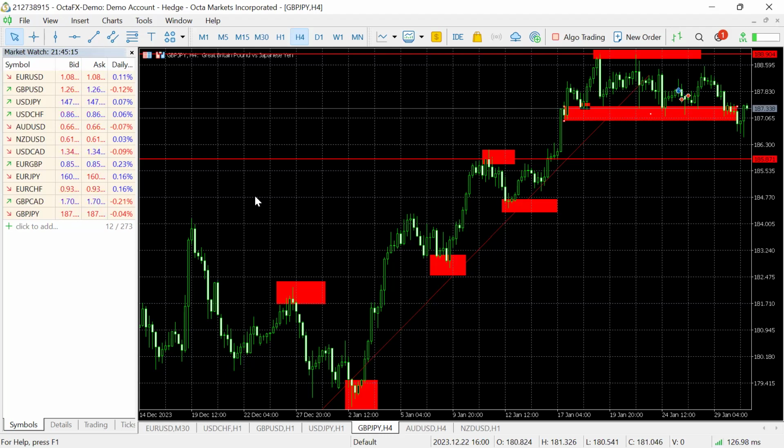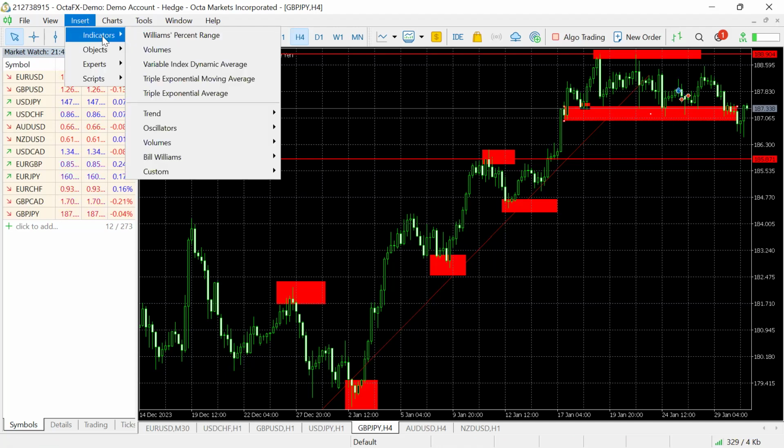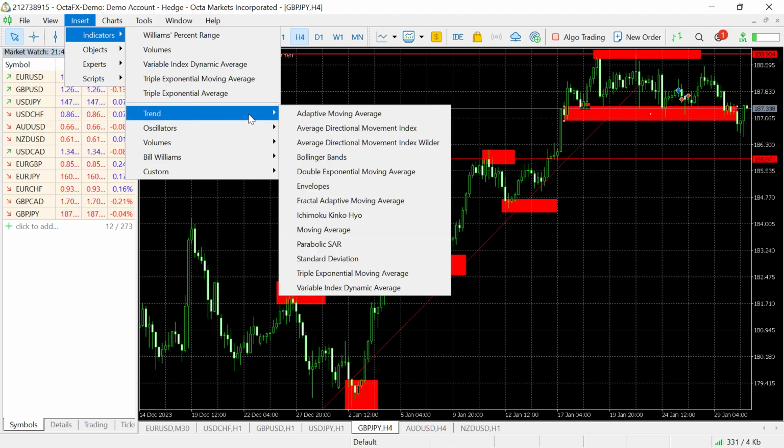So let me introduce you to moving average and how that can be a support or resistance tool for us. To put on a moving average, you come here, click on insert, you will see indicators, go to trend indicators, and then you see moving average.